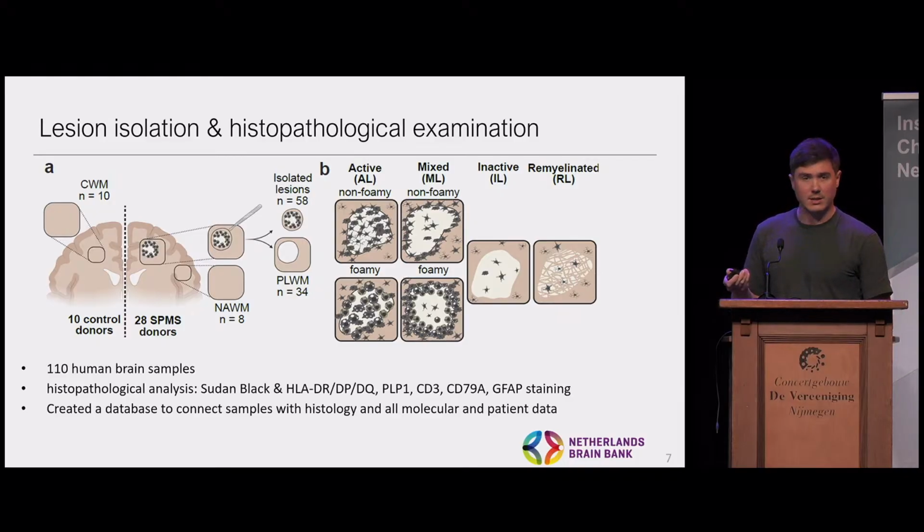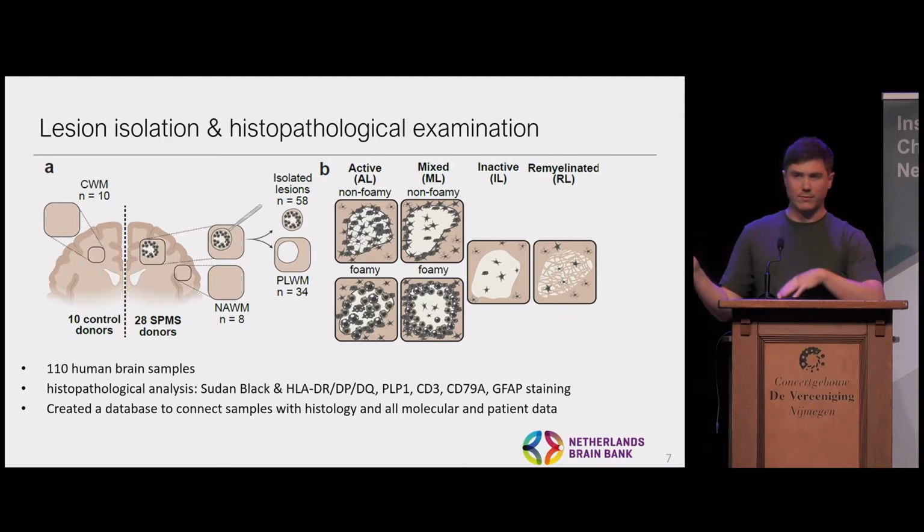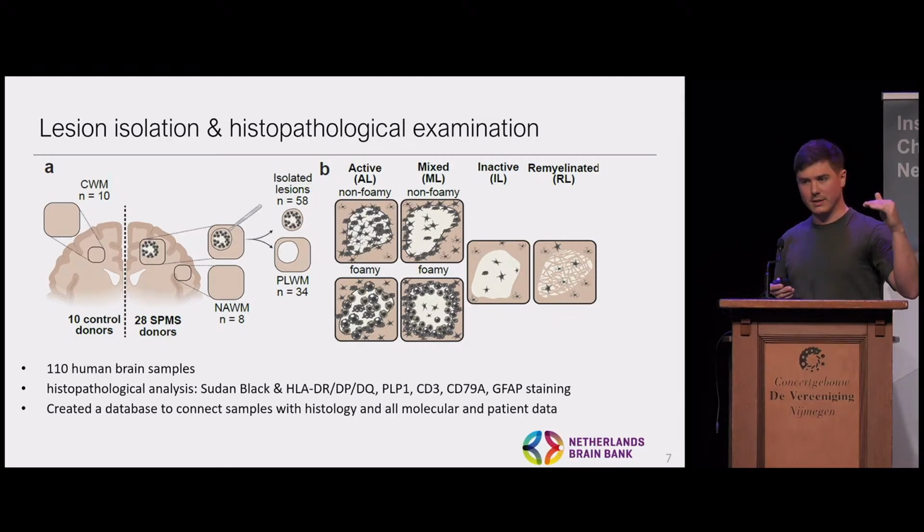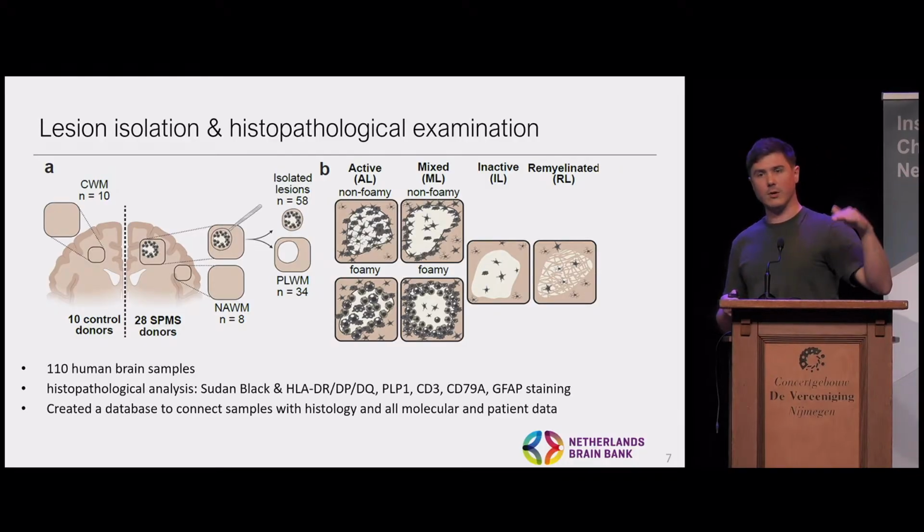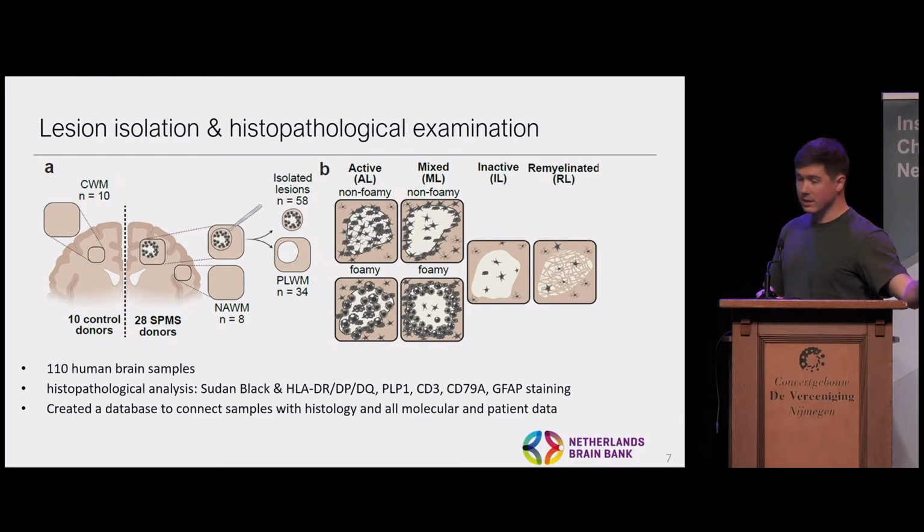In total, we analyzed 110 brain samples with extensive histological analysis. We characterized these lesions for all the different cell types. And then I want to make a nuance here: when we classify a lesion as either non-foamy or foamy, this is not 100%. It's not like 100% of the microglia are foamy and then the non-foamy are 0%.